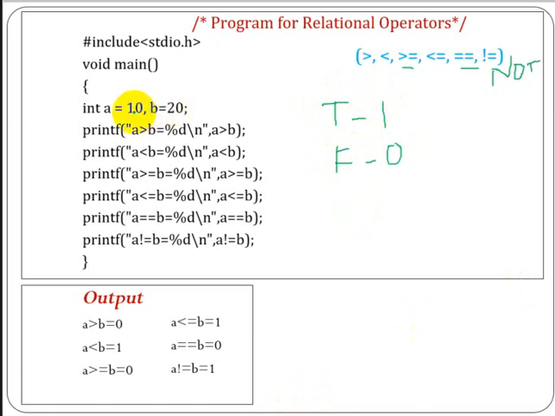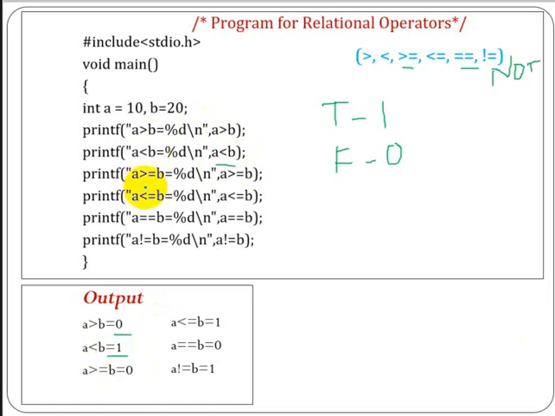So what happened now? A, 10, will be compared with 20. Is A greater than B? No. So it will return 0. When you compare A less than B, yes, this is true, so it will return 1.